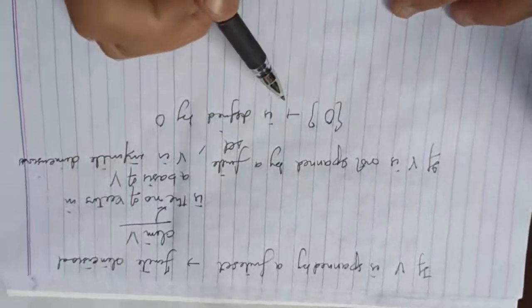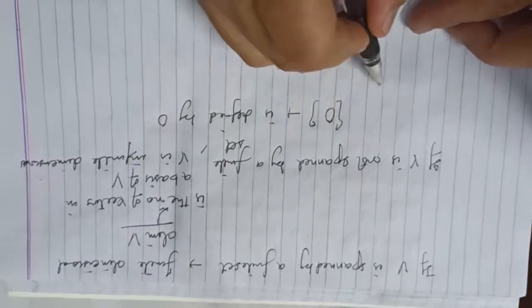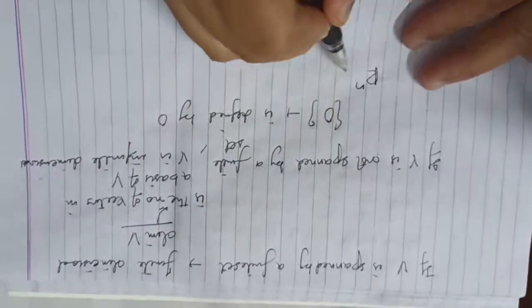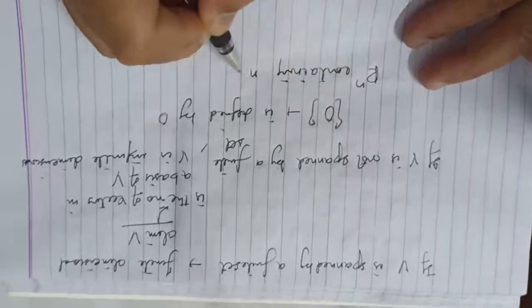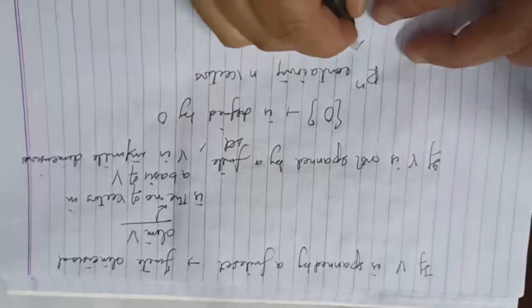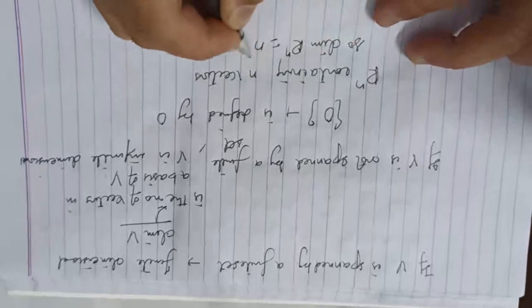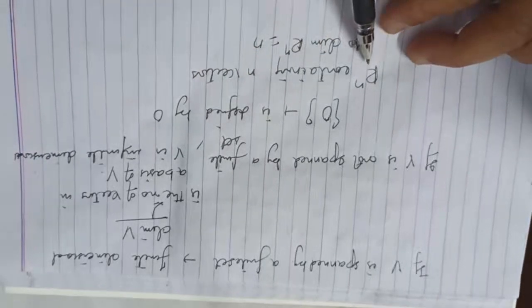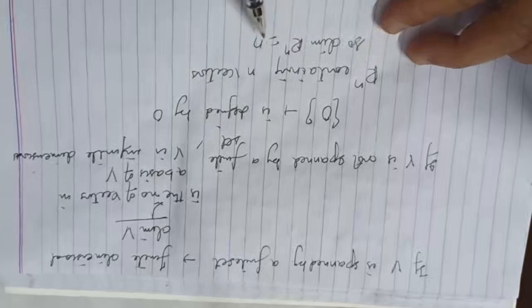To give you an example of finite dimensional vector spaces, in the last lecture we covered Rn containing n vectors in its basis. So the dimension of Rn is n.